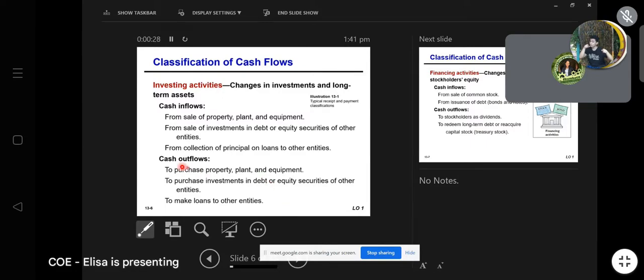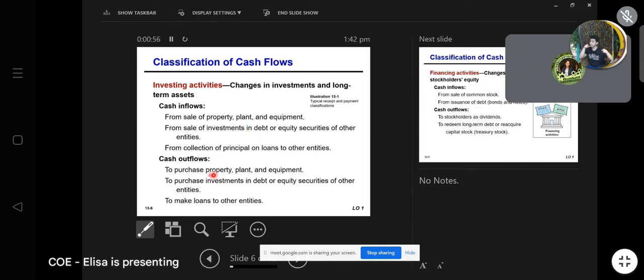Now, the moment imo ni siyang ibaligya, the cash inflow will be considered also under investing activities. Kung asa nimo siya gisulod, purchase man ka, then ibaligya nimo siya, that will also be considered as investing activities. Dili siya operating but rather investing.